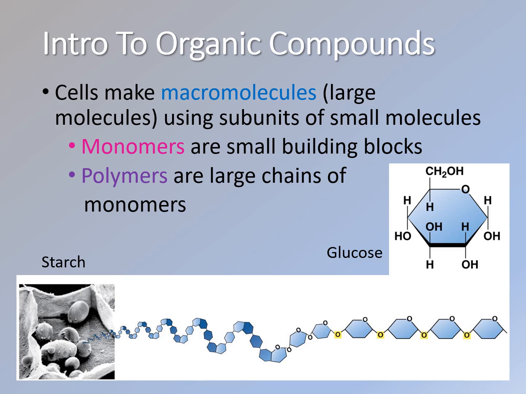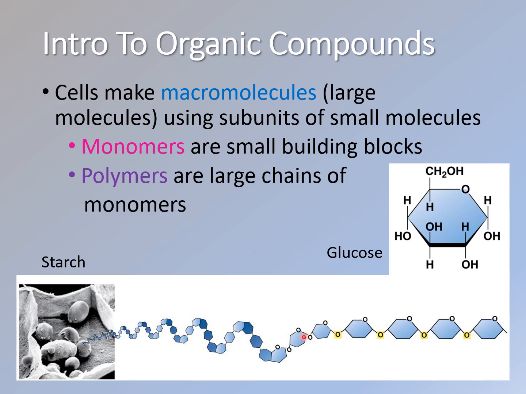So what are the names of these different size molecules? When we're talking about these small building blocks, we call them monomers. Mono means one, so just one building block. Then you put multiple monomers together to create a polymer, which is a long chain of monomers strung together.